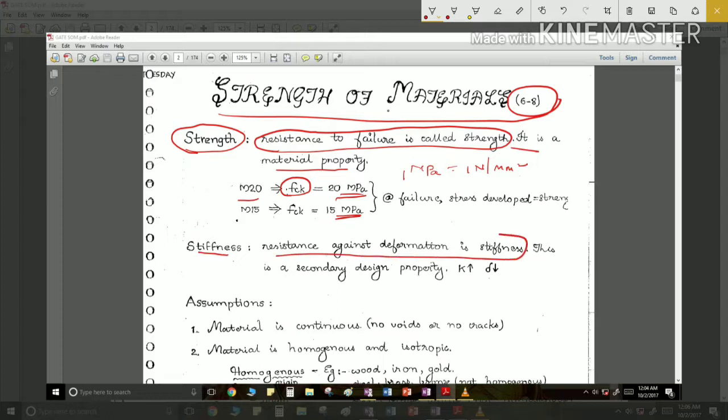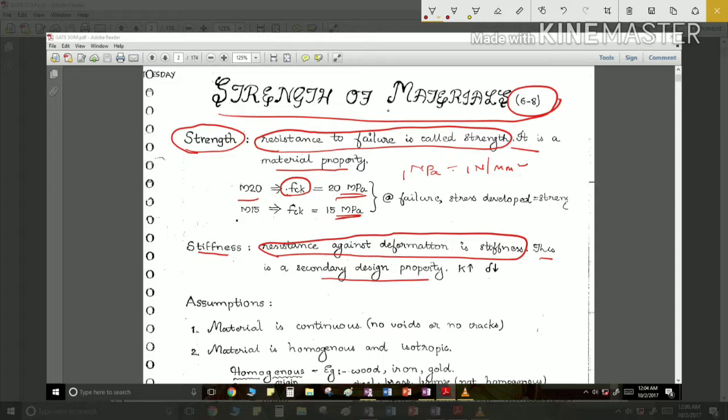Then what is stiffness? Stiffness is resistance against deformation. Very important: stiffness is resistance against deformation. This is a secondary design property. The first design property is strength, and the secondary design property is stiffness.